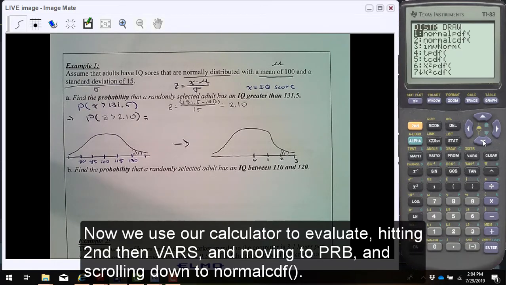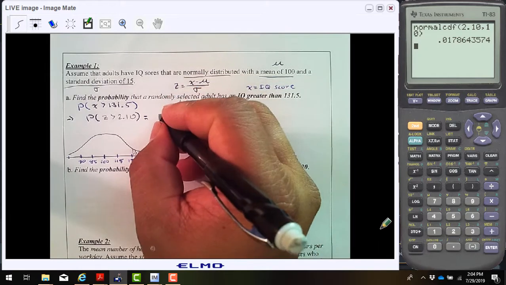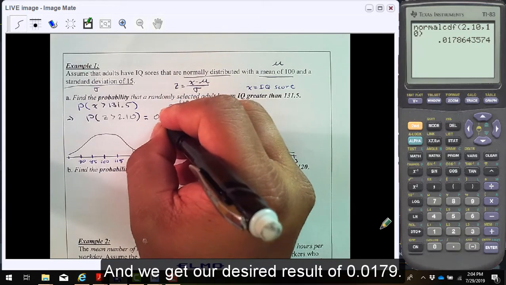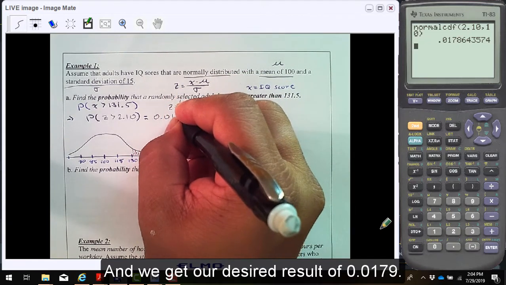Now we use our calculator to evaluate, hitting second, then vars, and moving to PRB and scrolling down to normalcdf. And our left z-score is 2.10, and our right z-score we choose to be 10. And we get our desired result of 0.0179.